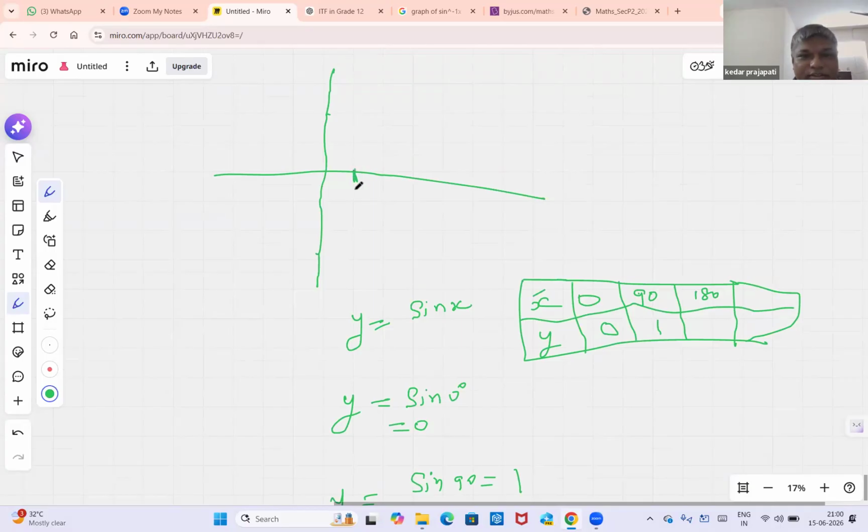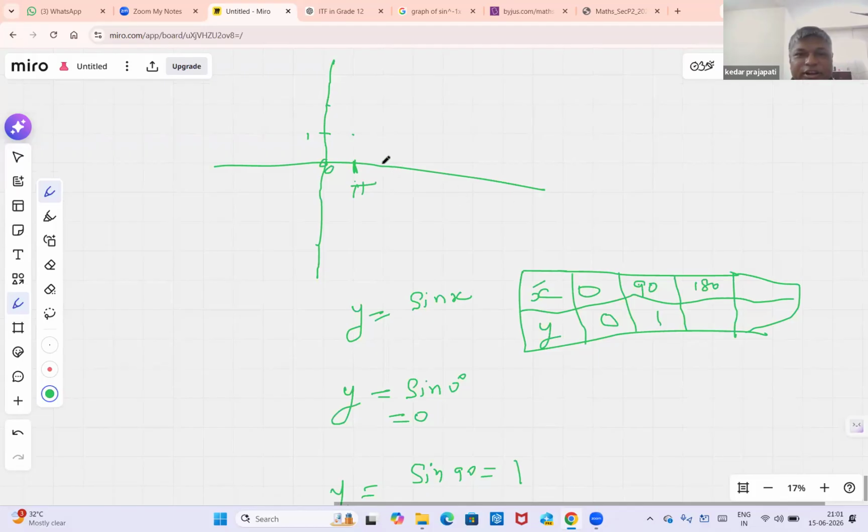One point is 0, 0. The other point is 90 and 1.